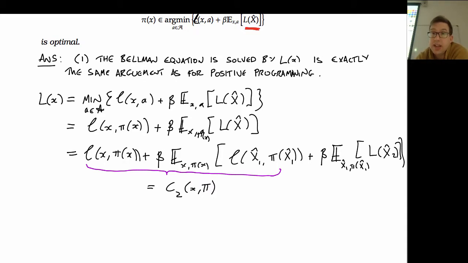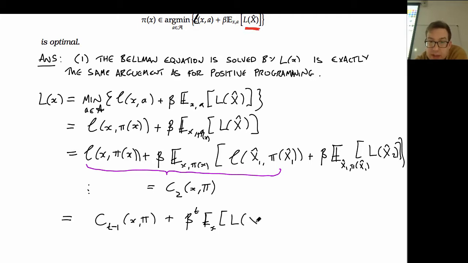And as you can guess, if I keep substituting, okay, I'm going to get the cost over, say, t minus 1 steps from x of policy pi plus beta to the t, E of the loss of the state reached by my policy pi after t steps. Okay?